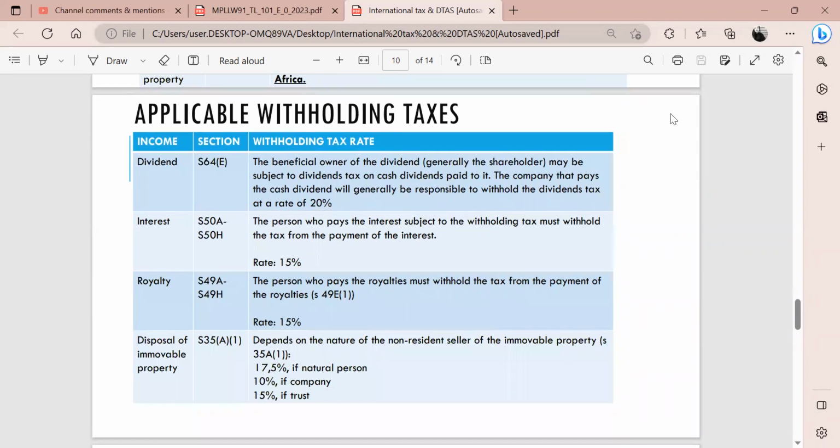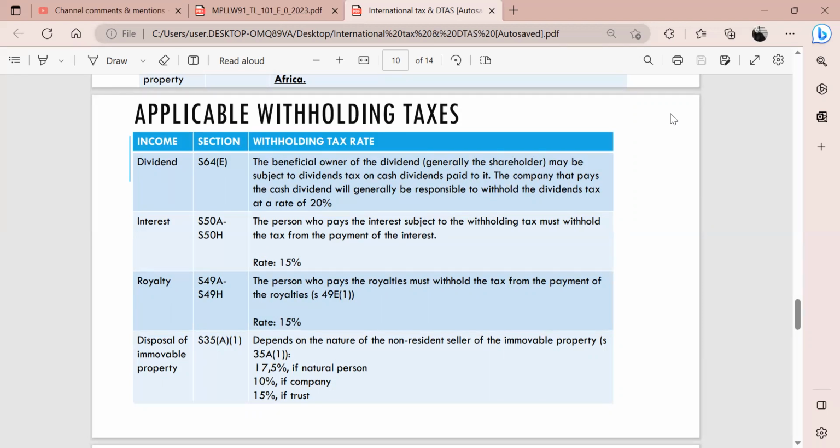Number 2, if you are dealing with a non-resident, you need to now establish the source of their income, because non-residents will be taxed on income from a source within the Republic only. So that's why you need to establish the source of their income. Step number 3, identify the applicable withholding taxes. Again, this is just a summary.